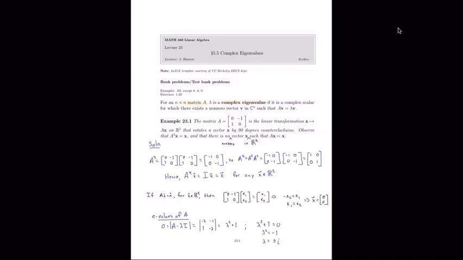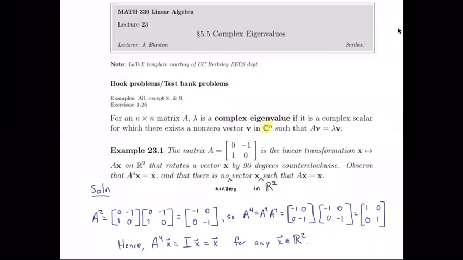And a complex eigenvalue is a complex scalar for which there exists a non-zero vector in Cn. So in other words, this is an n-dimensional vector with complex numbers as entries. If we're talking about 2 by 2 matrices, then it would be C2, a 2 vector with each entry being a complex number.